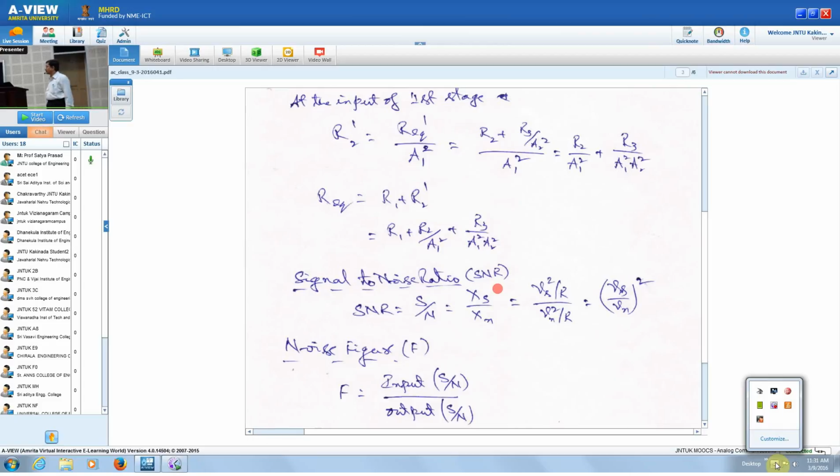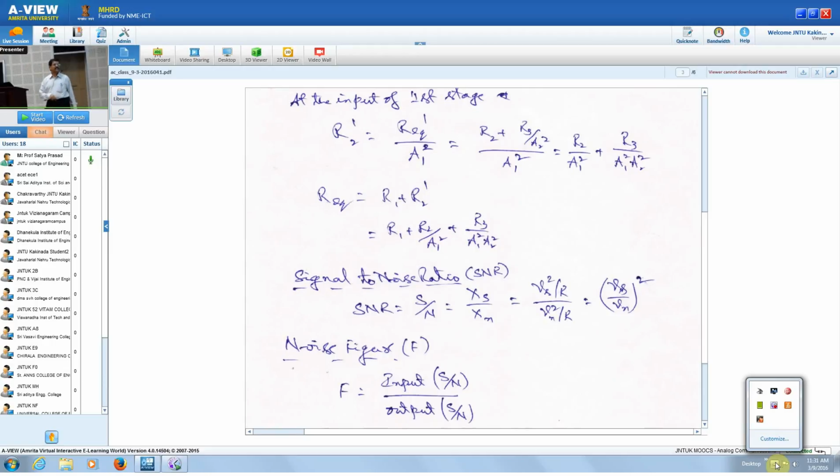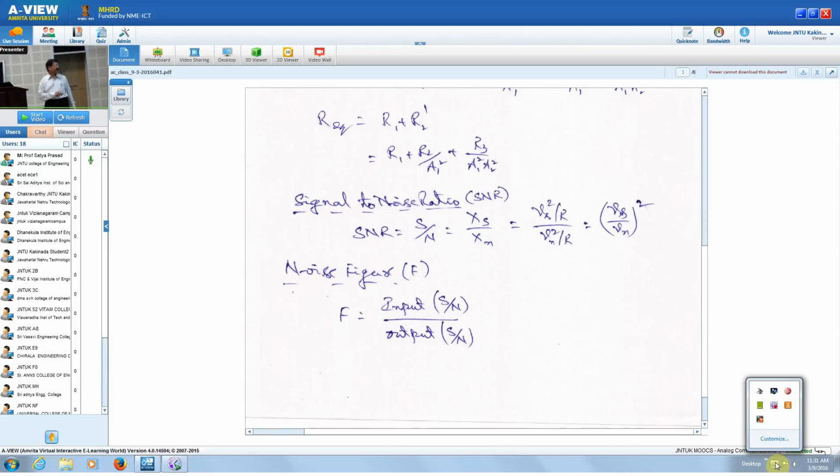If you have a resistance R, the signal power with the voltage of Vs is Vs square by R, and the noise power is Vn square by R. Therefore, the ratio will be Vs by Vn whole square, where Vs is the signal voltage and Vn is the noise RMS voltage. Therefore, Vs by Vn whole square is the SNR value.